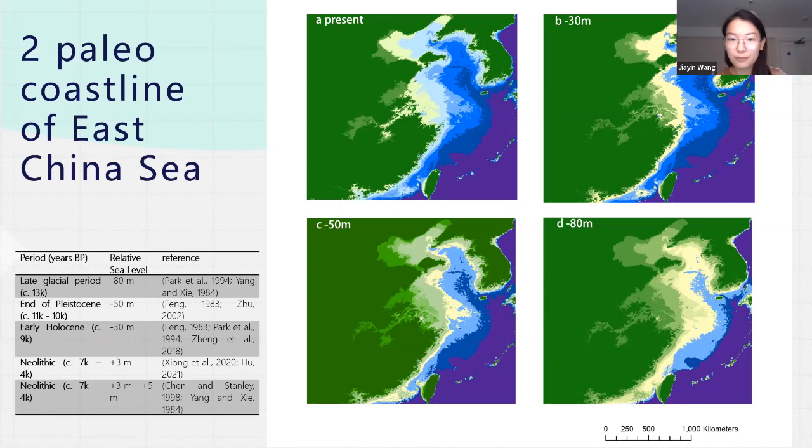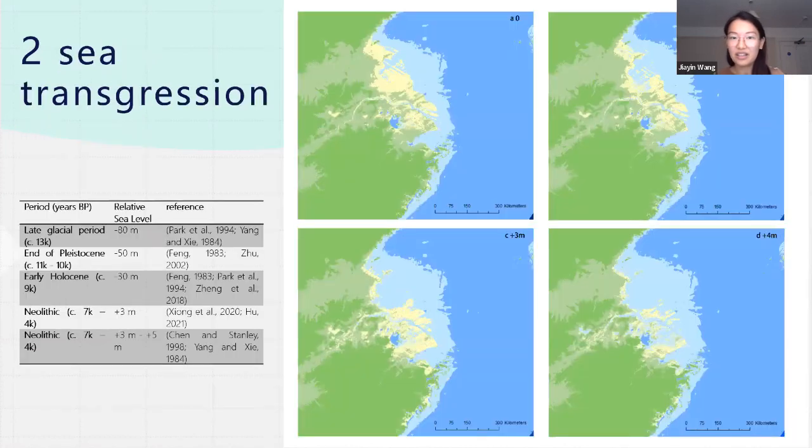And next, if we narrow down our focus to the Yangtze River Delta, from 7,000 to 4,000 BP, we can see that the sea level rises to some level above the present level.